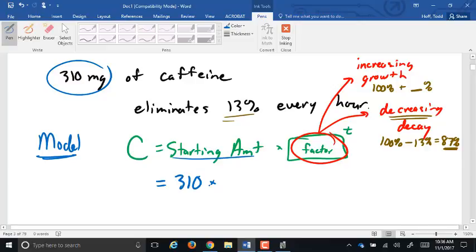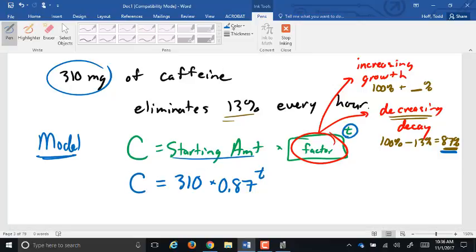So in our model down here, it's going to be 310 times what? 87%, is going to become 0.87. Good. And then our variable for time, we can just put in T, and then C is caffeine. And we should always make sure we specify what our variables mean.